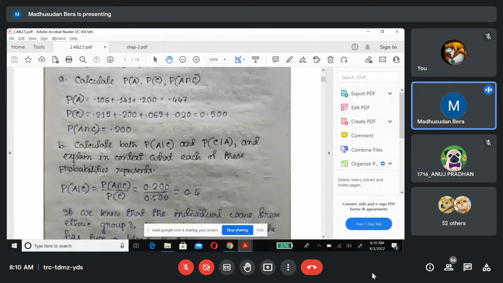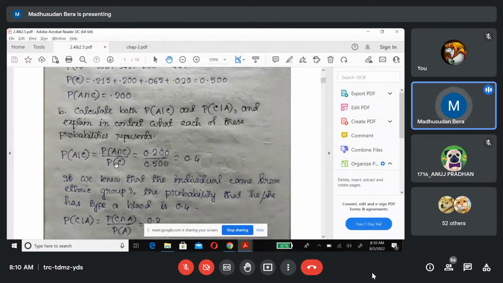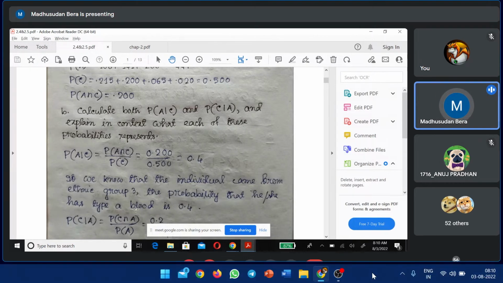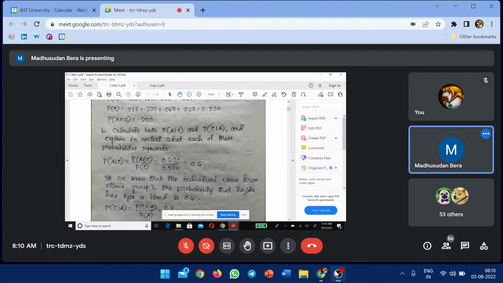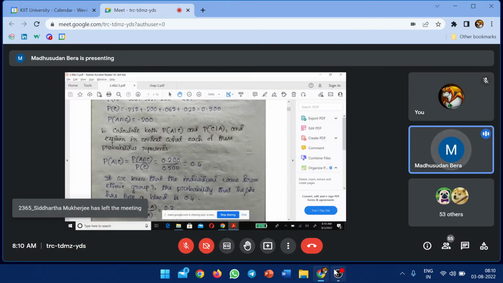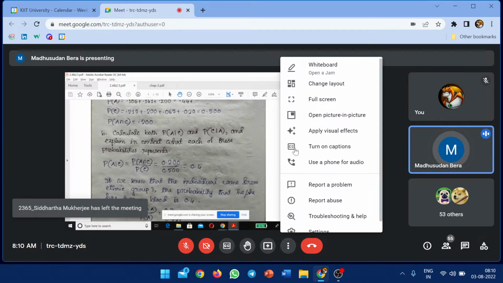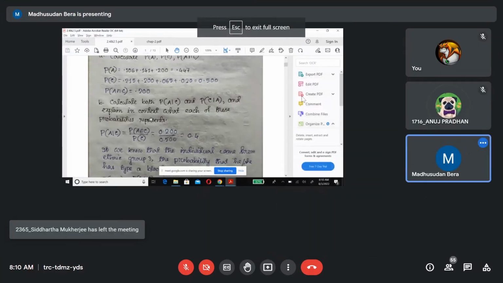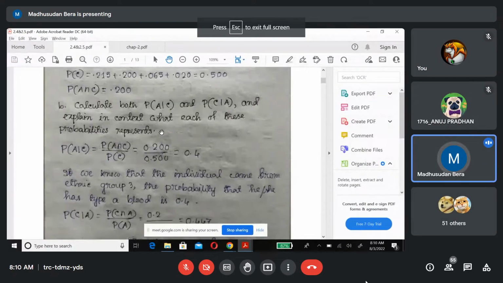So if we know that the individual came from ethnic group 3, that is C, the probability that he or she has type A blood is 0.4. Similarly, C given A is P of C intersection A divided by P of A. So 0.200 by 0.447.